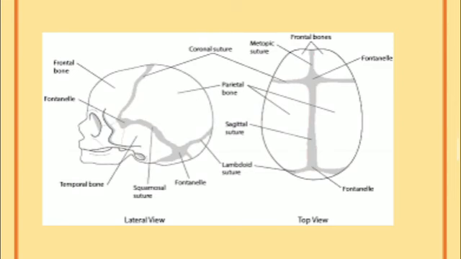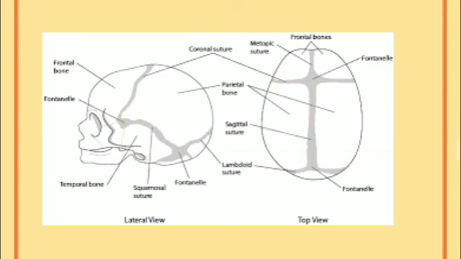So right here you have a lateral view and superior view of the sutures: the coronal suture, the lambdoid suture, and then you see the anterior frontal and posterior fontanelles in the infant.